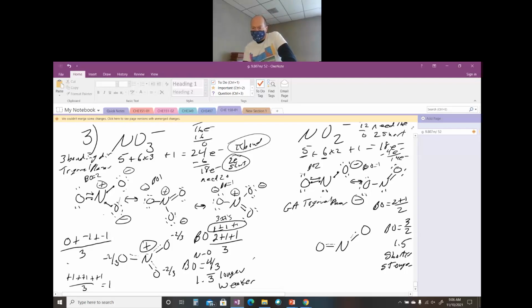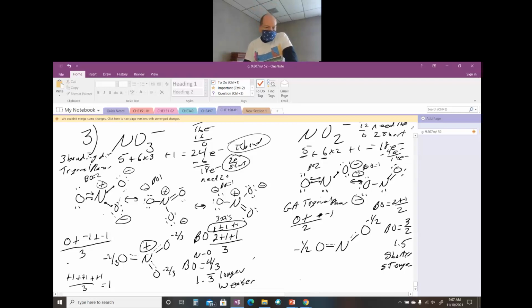To get the average charge here, you've got a 0 on the left, and on the right, you have a negative 1. All right, so you have your 0 plus a negative 1 divided by the two structures. So each one of these oxygens is negative 1/2, or negative 0.5.